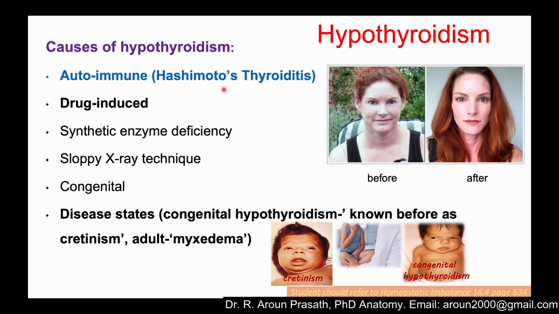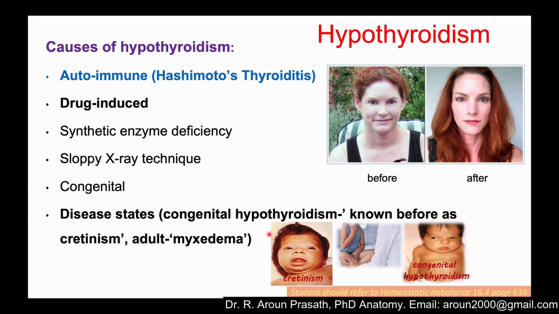Some drugs can disturb the secretion of the thyroid gland. Then there are enzyme deficiencies, and congenitally the patient can suffer from hypothyroidism. Congenital hypothyroidism is known as cretinism, and in the adult it is called myxedema.